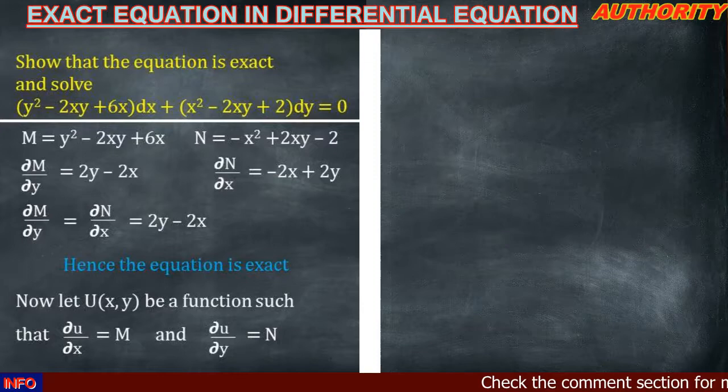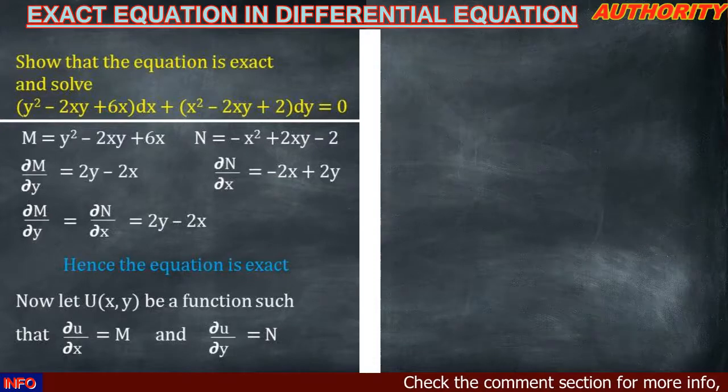And then let this function u be such that when you differentiate it partially with respect to x, it's going to give you M, and when you differentiate it partially with respect to y, it's going to give you N. That means the partial derivative of u with respect to x is equal to M, and the partial derivative of u with respect to y is equal to N.